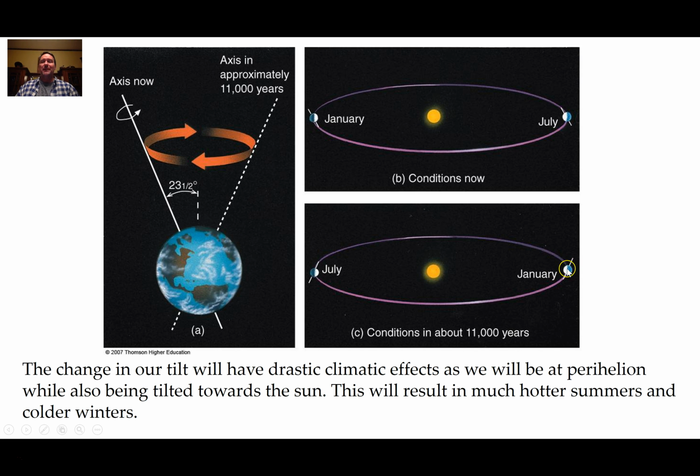And now we're going to be tilted back, and lower sun angles are going to result in much more extreme winters. So one of the primary things you can look at is that whenever this axial tilt changes, it's going to change the intensity of our seasons.